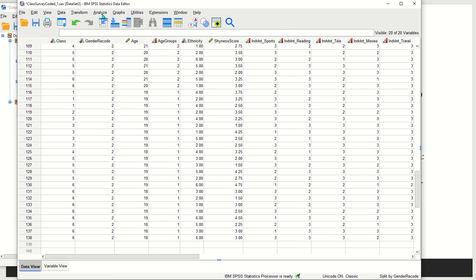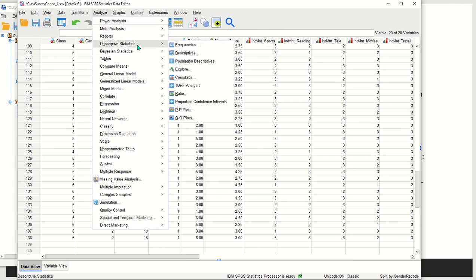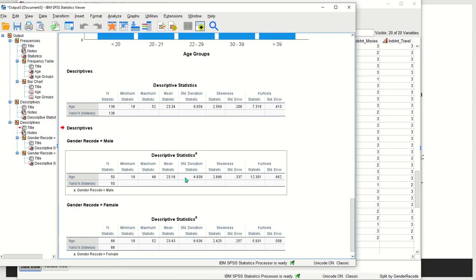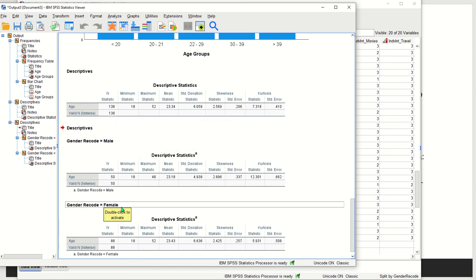So now if I run the age with that on, and I want to get the descriptives for age, just run it again, and now you can see that it is comparing males and females.